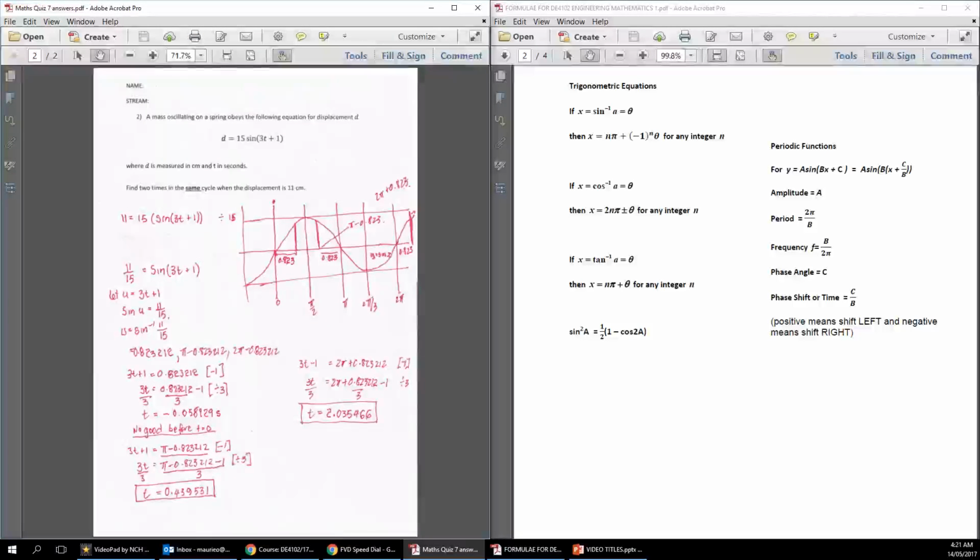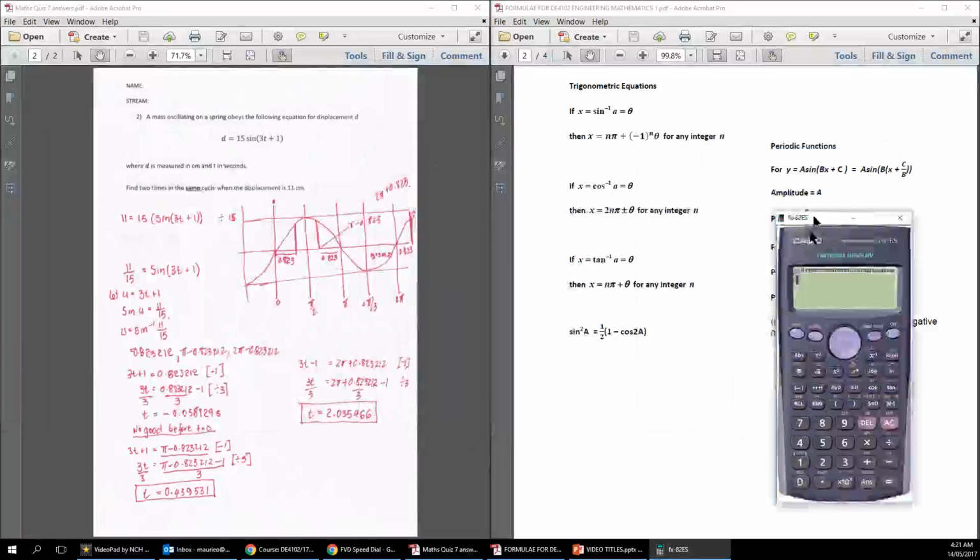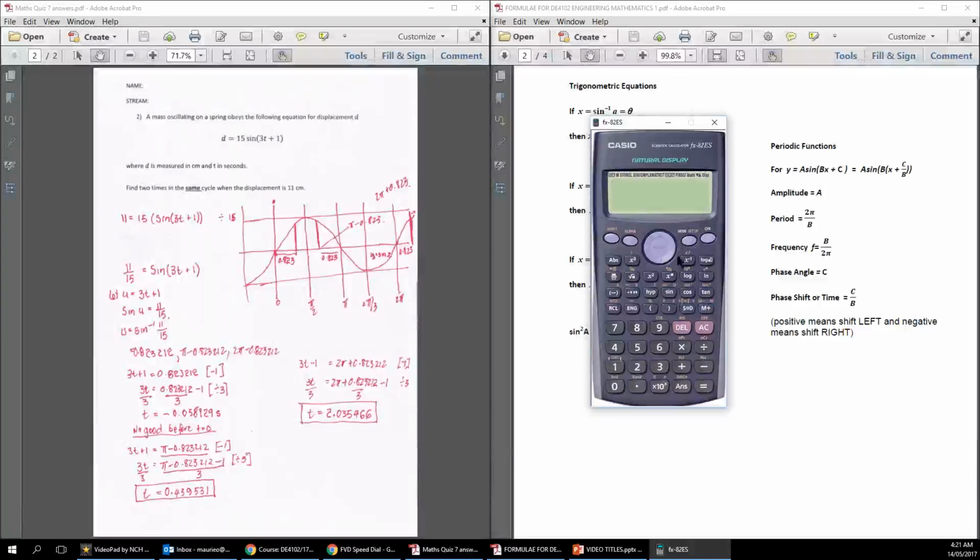So I'm just over here on my second screen finding my calculator, and here it is. I'm going to bring that over here. So we let u equal 3t plus 1, so u equals sine to the negative 1 of 11 over 15.